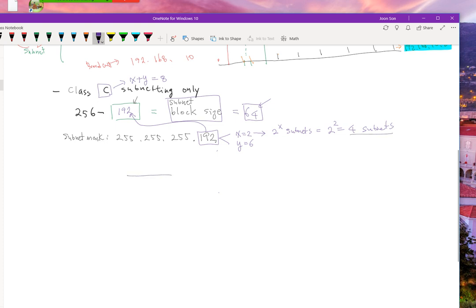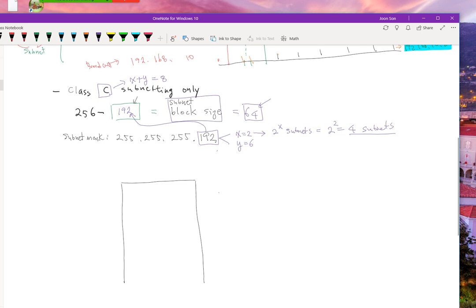This is like IP space, first of all. I'm not really good at drawing, but let me try to make it pretty.